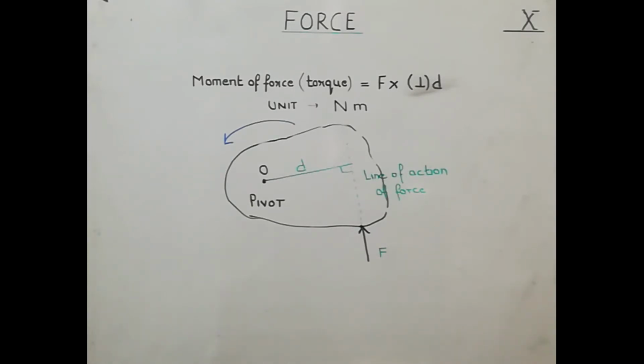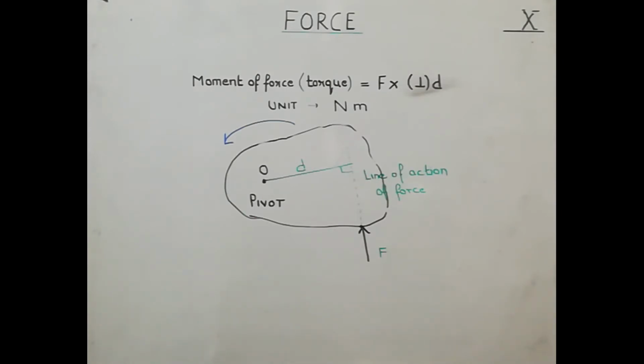So three things over here about the moment of force. First of all, what is the moment of force? It is the measure of the tendency of force to rotate an object, and it is the combination of force and perpendicular distance. Then we have its unit, Newton meter.